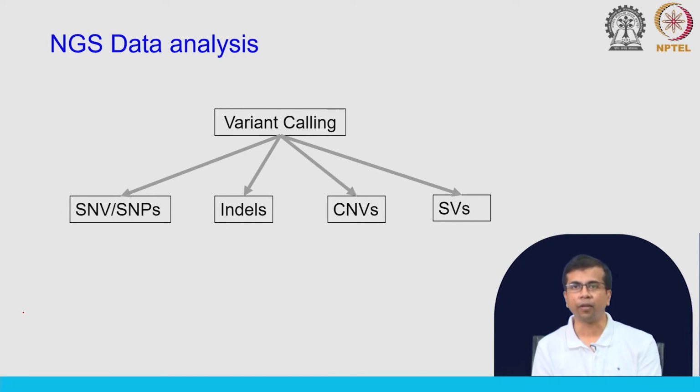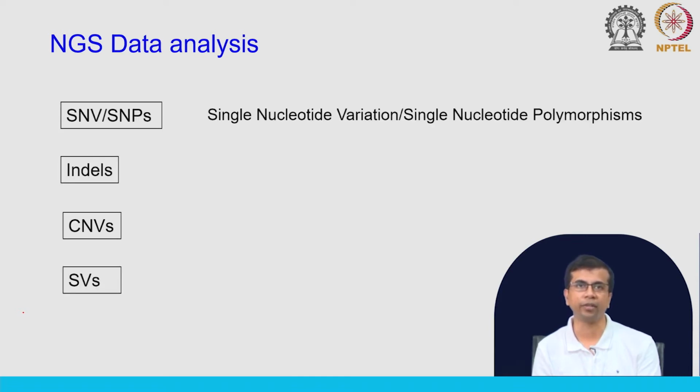So, the problem of identification of these variants is called variant calling, and there are different types of variants that are possible. You have SNV or SNP, we have indels, we have CNVs and we have SVs. So, what are these? These are the full forms: single nucleotide variation or SNV, then you have single nucleotide polymorphisms or SNPs.